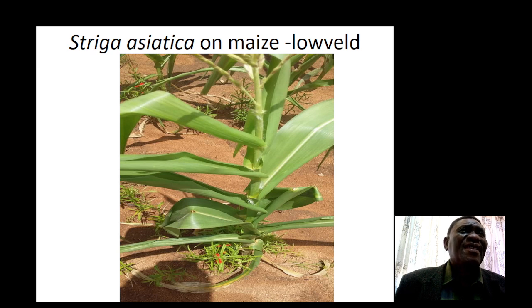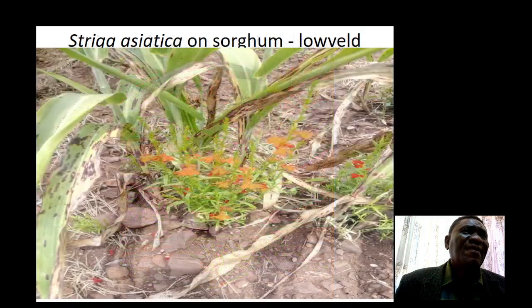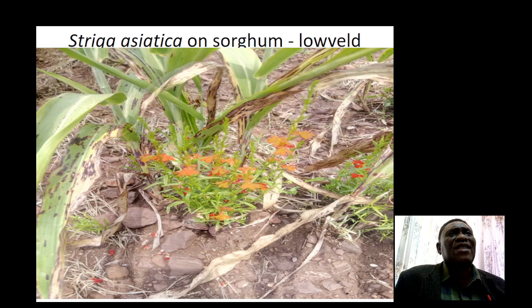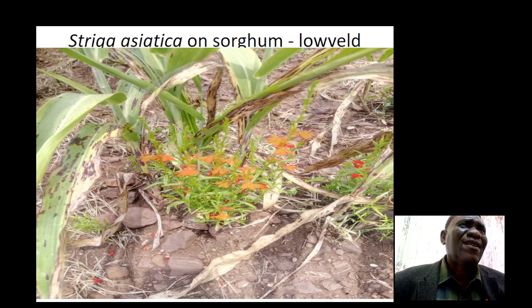Striga asiatica on maize in the low veld. Striga asiatica on sorghum, again in the low veld. This is the red flowered plant at the base of this sorghum.